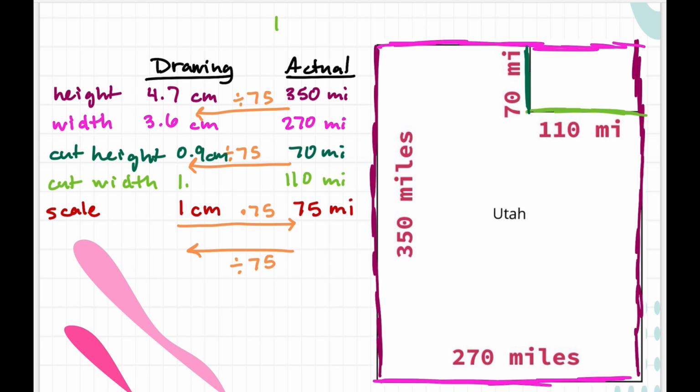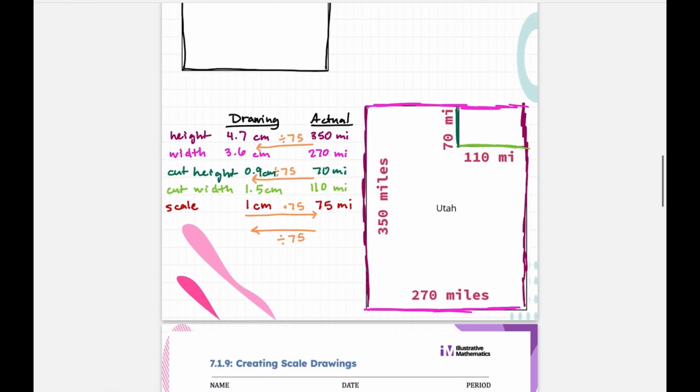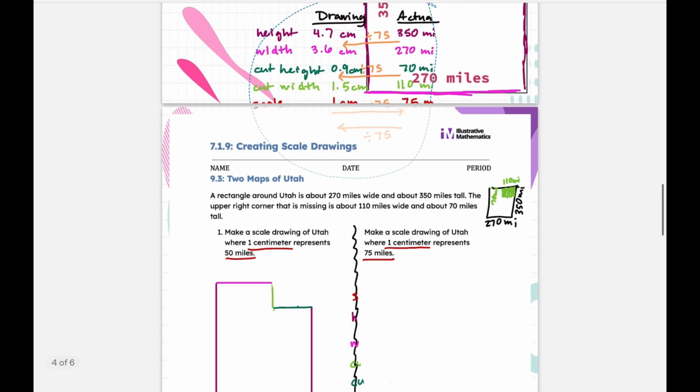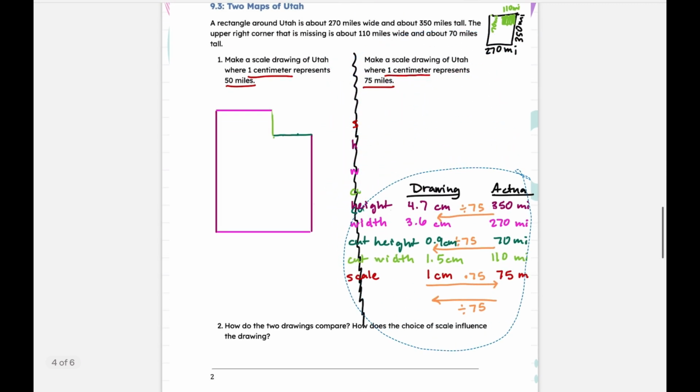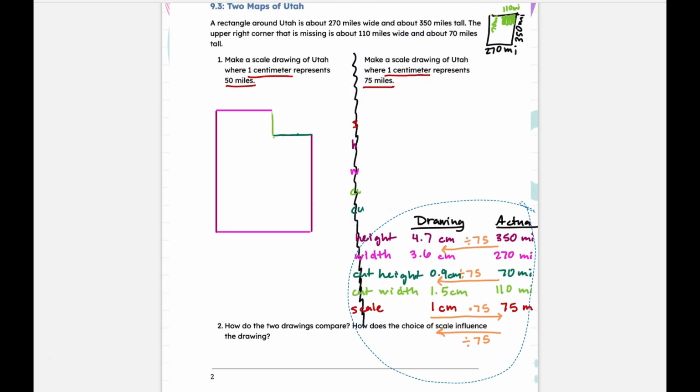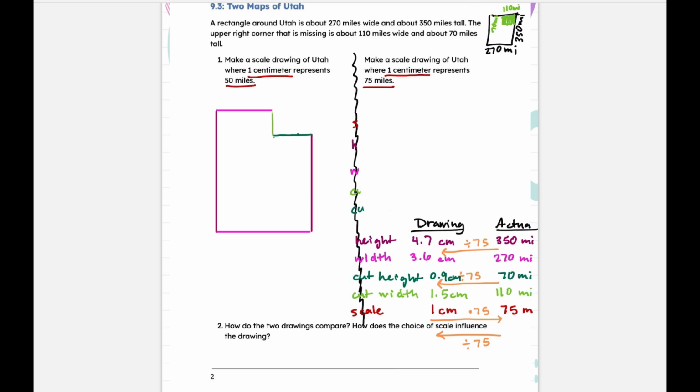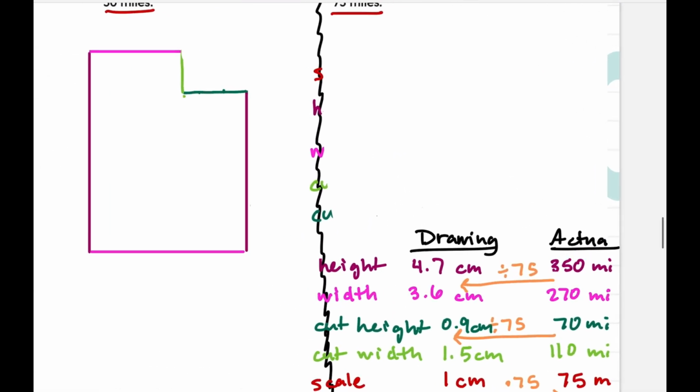So I'm going to write down 1.5 centimeters. And again, just like I did before, I'm going to take all of those. Ooh, this is not going to fit very nicely. I'm going to try and squeeze it in all the way down here.